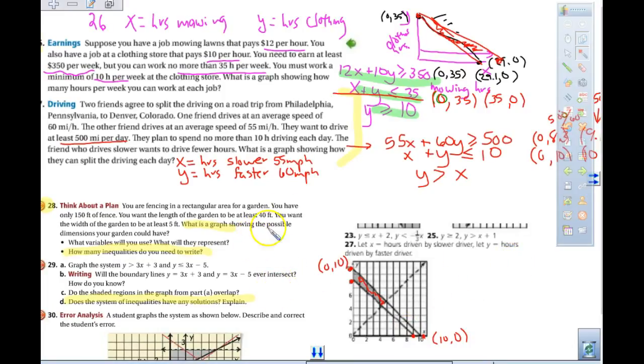28. 28 was exactly like the example. So my question is, what is the question on 28? What do you not get? Because it was like yesterday's example, where the length has to be at least 40, which means the length had to be greater than or equal to 40.